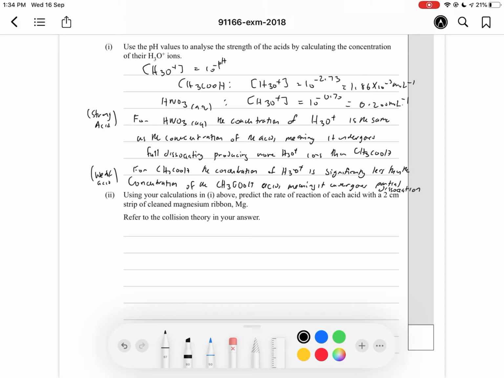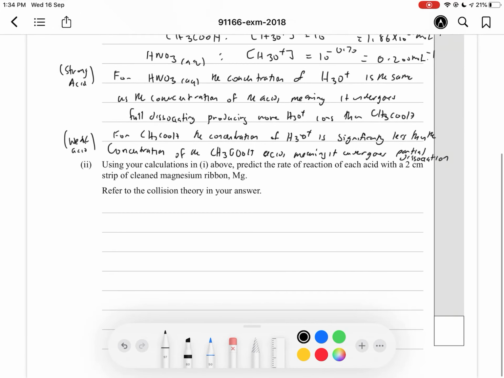Those are the ions that react with the magnesium ribbon. However, the ethanoic acid only undergoes partial dissociation, meaning there are fewer hydronium ions produced to react with the magnesium ribbon. So we can link that to the concentration for the collision theory.